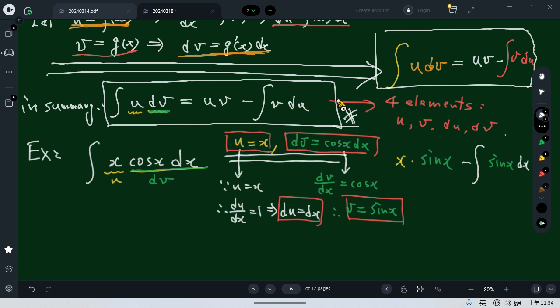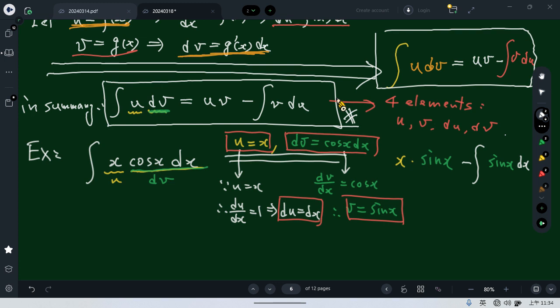So from this integration form, we convert it into the right hand side as this form. So you can see x times sine x computable minus integral sine x dx. So right now this form is also computable, also integratable, right?